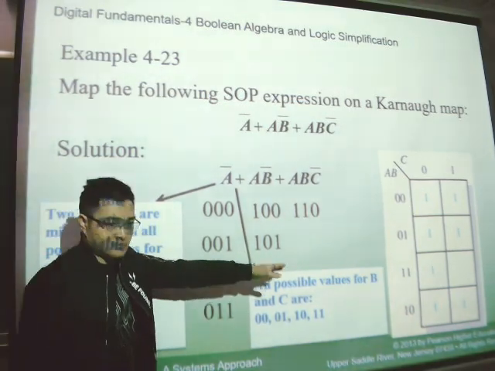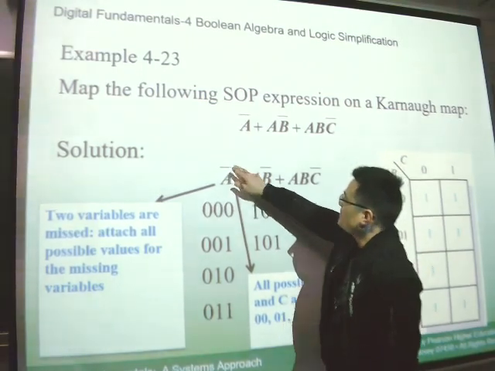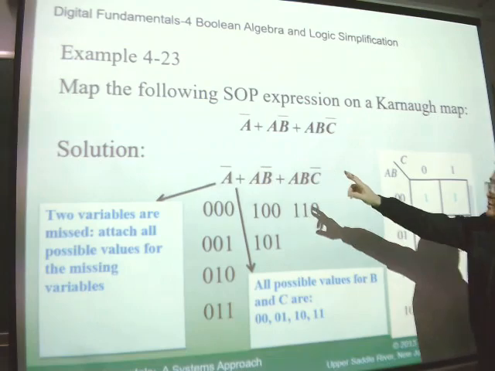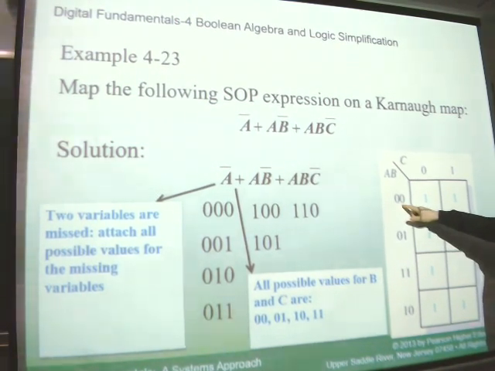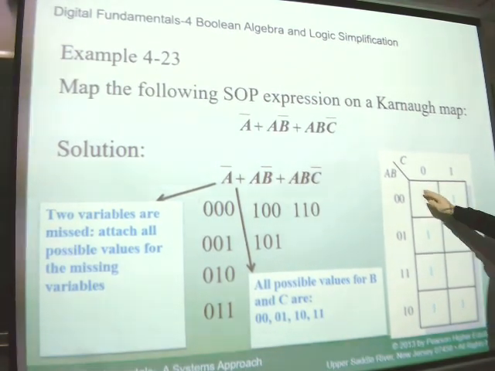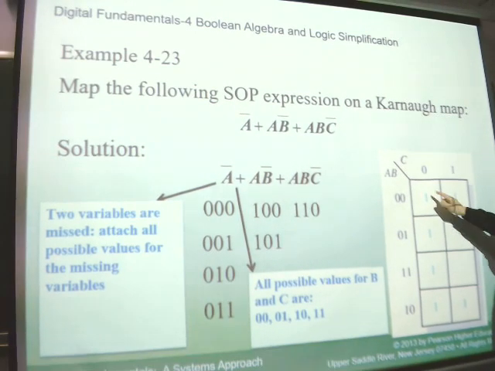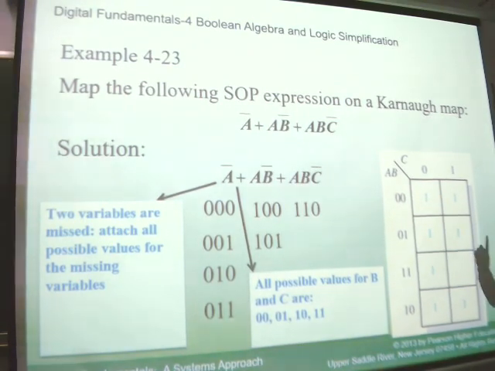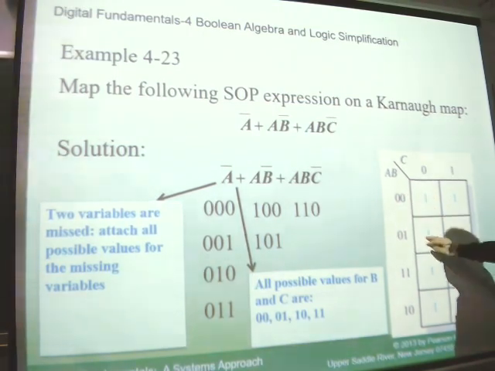Here is the answer. If A bar equals 1, it represents A equals 0, so the four cells are 1, because in these four cells A bar equals 1.